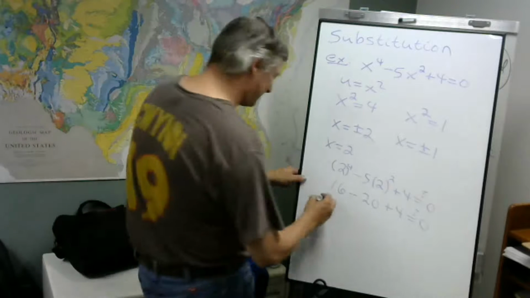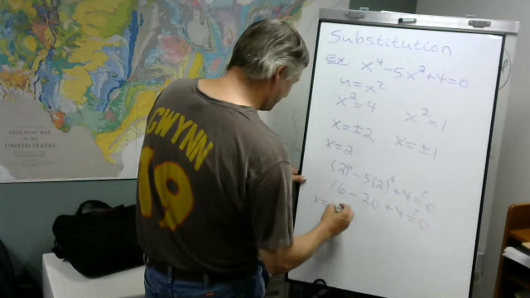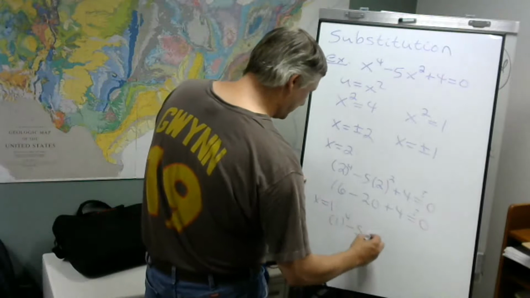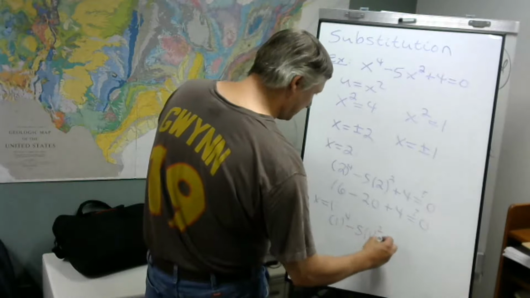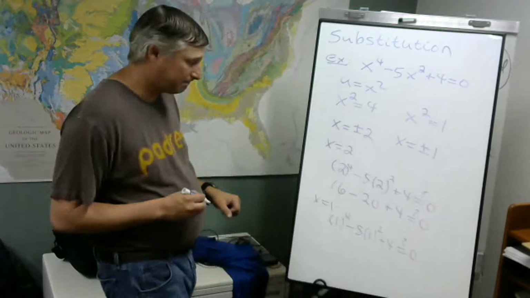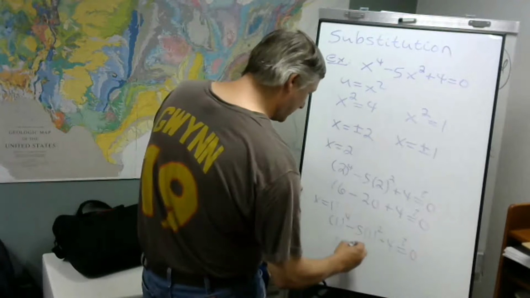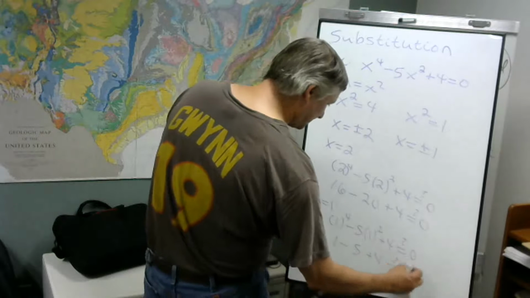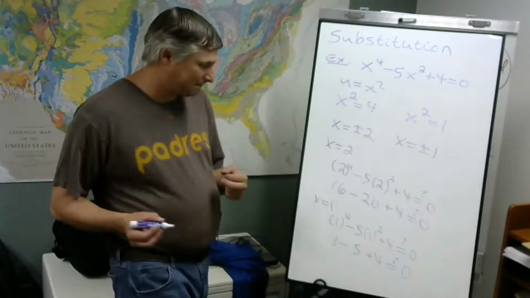Try x equals 1. Is 1 to the 4th minus 5 times 1 squared plus 4 equal to 0? Or is 1 minus 5 plus 4 equal to 0? Well, it is.